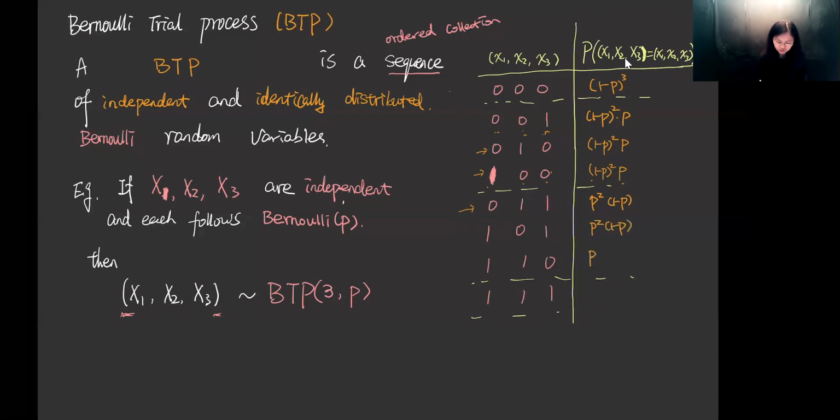Same thing for each of the outcomes with 2 successes and 1 failure. And the probability that all 3 are successes is p to the power 3. So that's how you can figure out the distribution of a Bernoulli trial process.